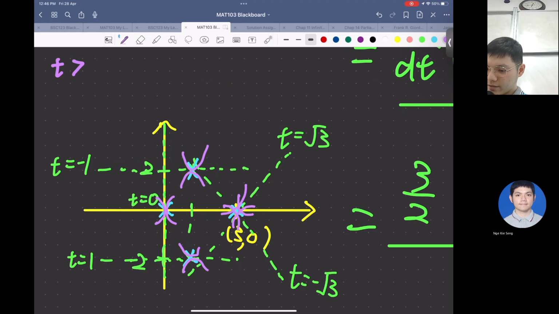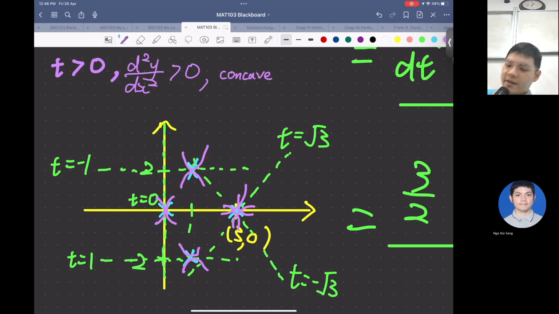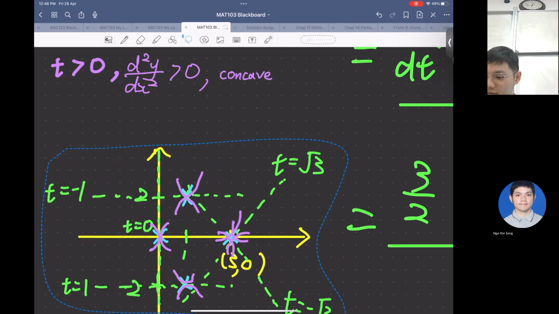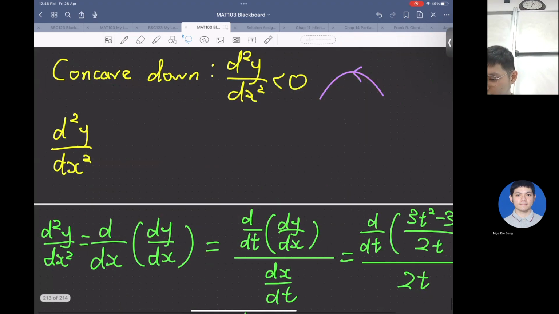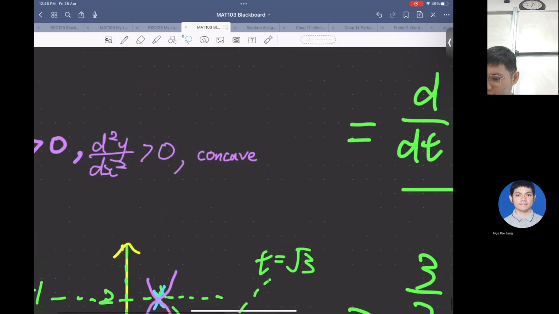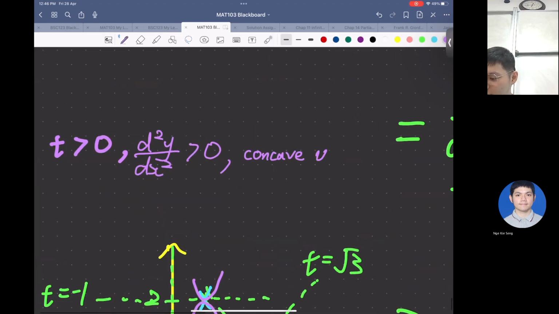So t greater than 0, we have d squared y over dx squared greater than 0. So greater than 0 is concave up or down? Up. Concave up. Good.